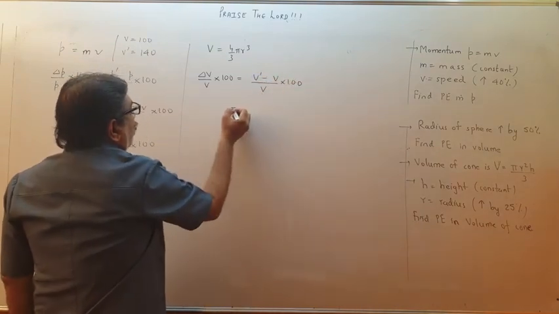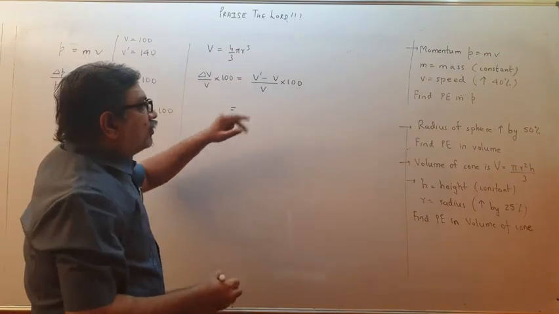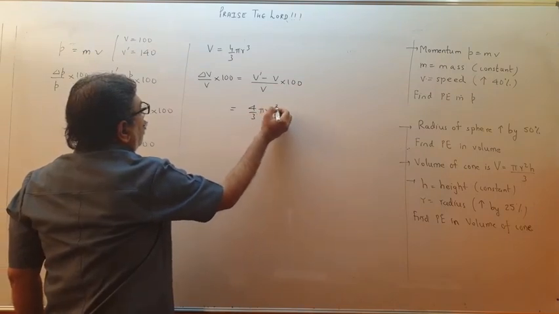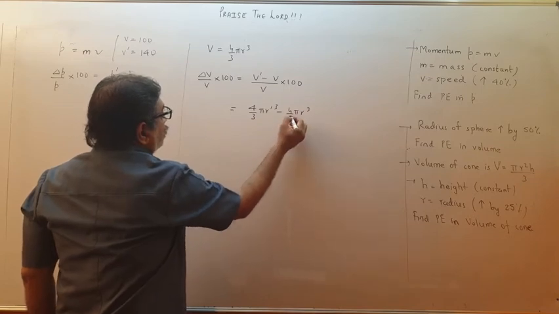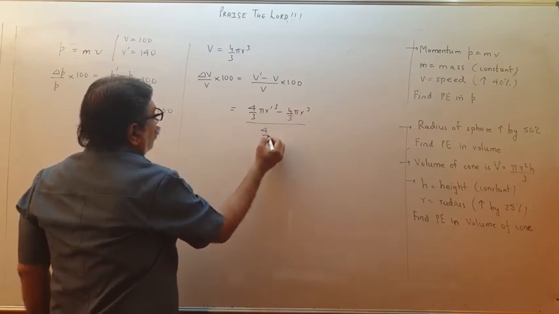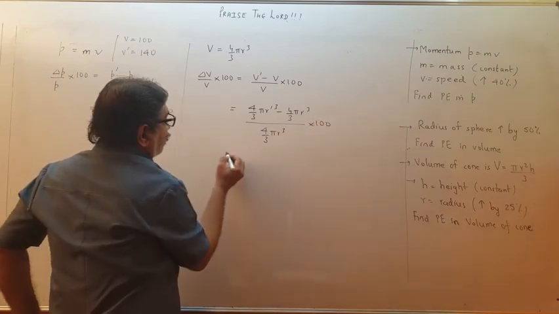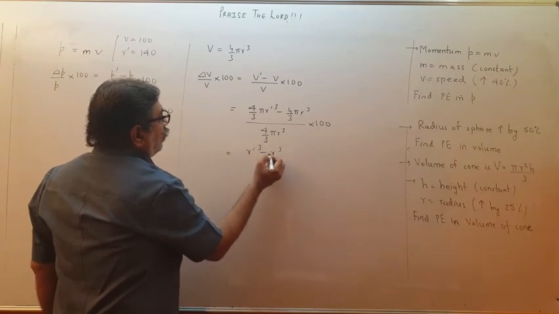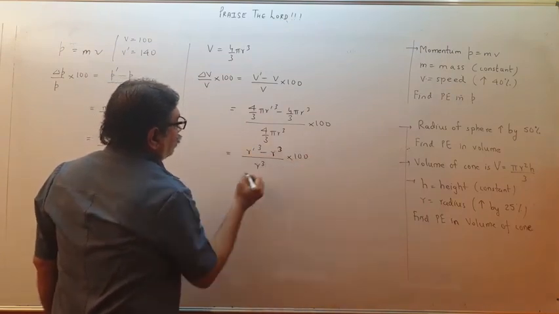See, if radius is changing, volume will change. 4 upon 3 π is constant. So this new volume will be 4 upon 3 π r' cube minus 4 upon 3 π r cube upon 4 upon 3 π r cube into 100. See, 4 upon 3 π gone from all. So (r' cube minus r cube) upon r cube into 100.